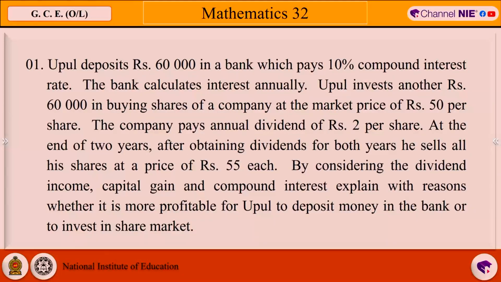At the end of 2 years, after obtaining dividends for both years, he sells all his shares at a price of 55 rupees each. By considering this dividend income, capital gain and compound interest, explain with reasons whether it is more profitable for Upul to deposit money in the bank or to invest in the share market.